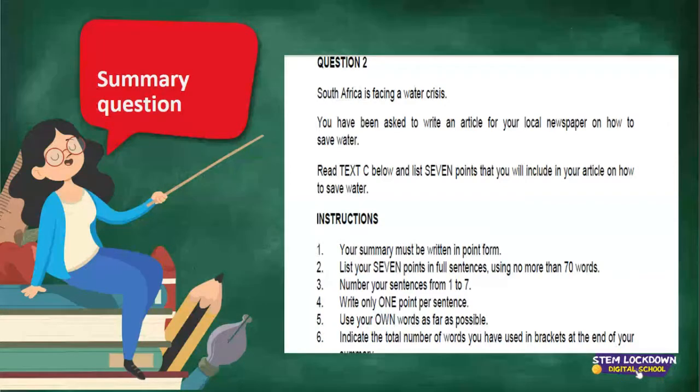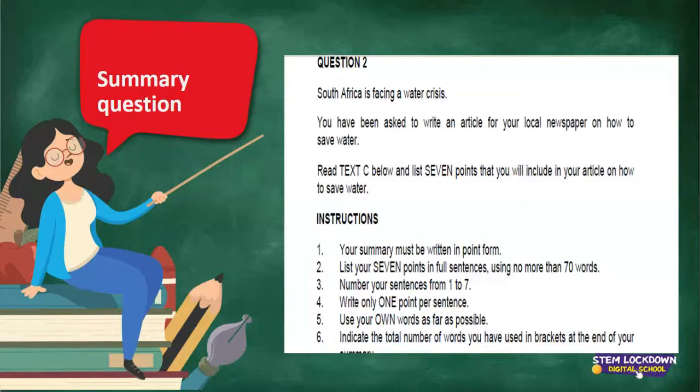You have been asked to write an article for your local newspaper on how to save water. Read text C below and list 7 points that you will include in your article on how to save water. Please read the instruction and interpret it properly and correctly.